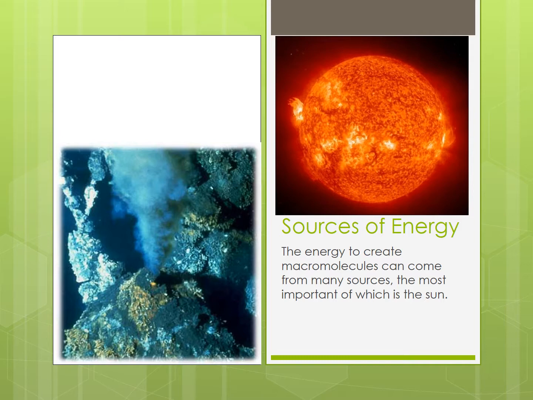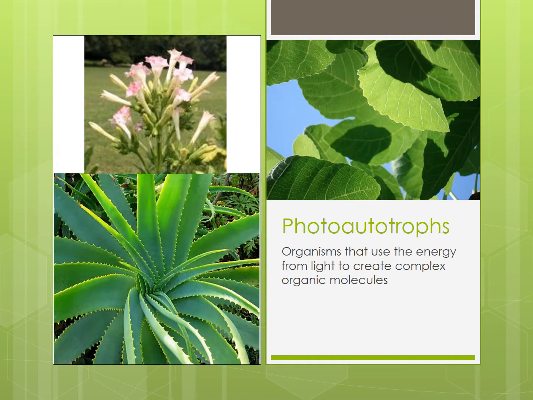But at the surface, we've got a much more abundant source of energy in the sun. Photoautotrophs, not just autotrophs that take in inorganic molecules and create organic ones, are going to take the sun's light and convert it into usable energy, usable macromolecules.